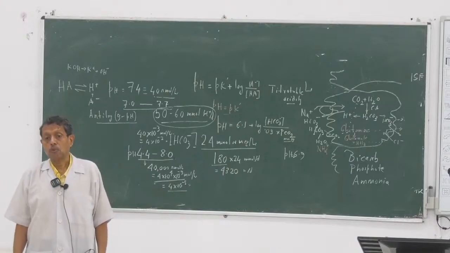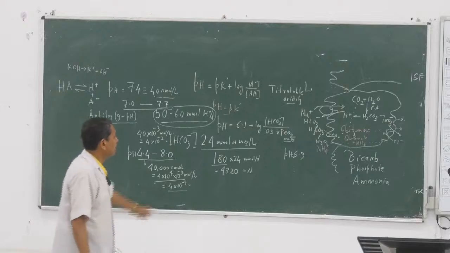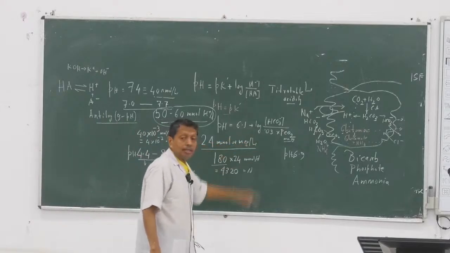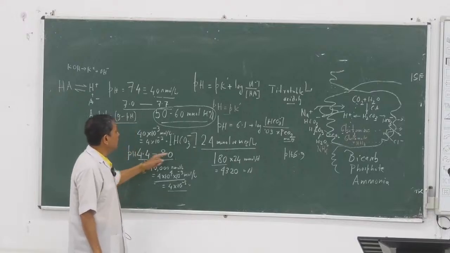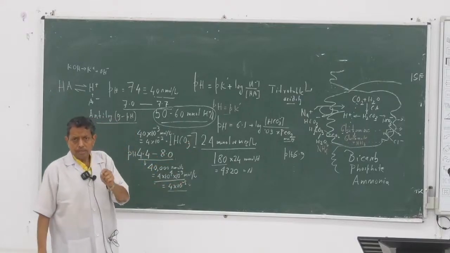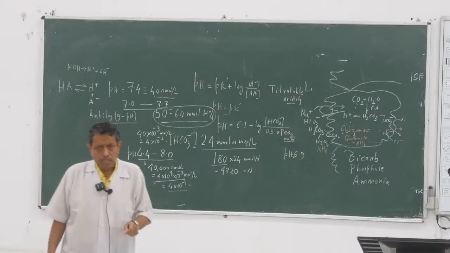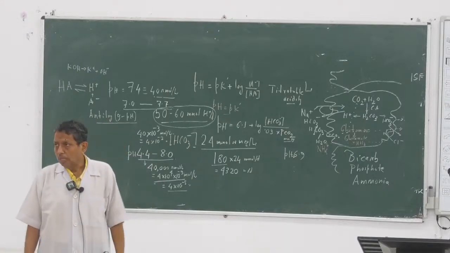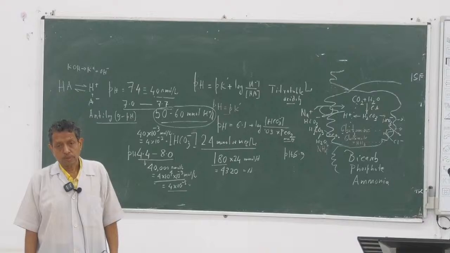In that case the carbonic acid buffer is not measured, because the hydrogen ion that is eliminated reacts with the luminal bicarbonate and is converted into H2CO3, and it is eliminated by the respiratory system. So it is not measured.